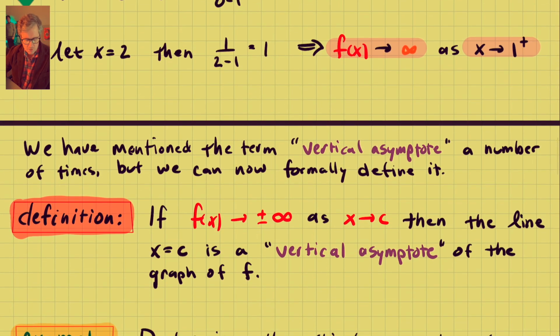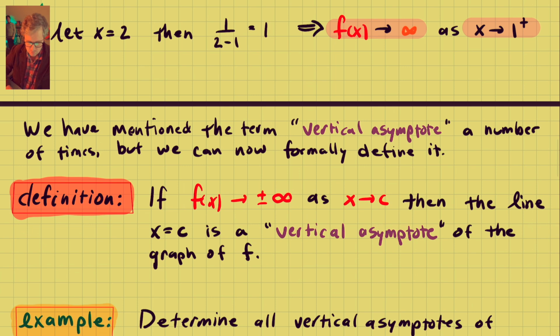So we've used the term vertical asymptote a number of times already, right? I think I might have been using the term already in lecture 1. Now, sometimes in algebra, this term will come up and you will encounter vertical asymptotes, slant asymptotes, horizontal asymptotes. But in the context of calculus, we can define this now using limits, right?